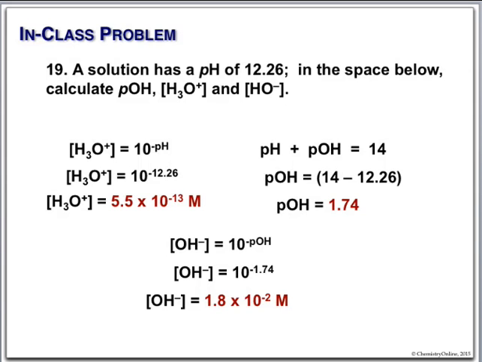It's 10 to the minus pH. We remember that pH plus pOH was always 14. And here we have 10 to the minus pOH to give us hydroxide. So the same concept here, just an OH instead of the H.